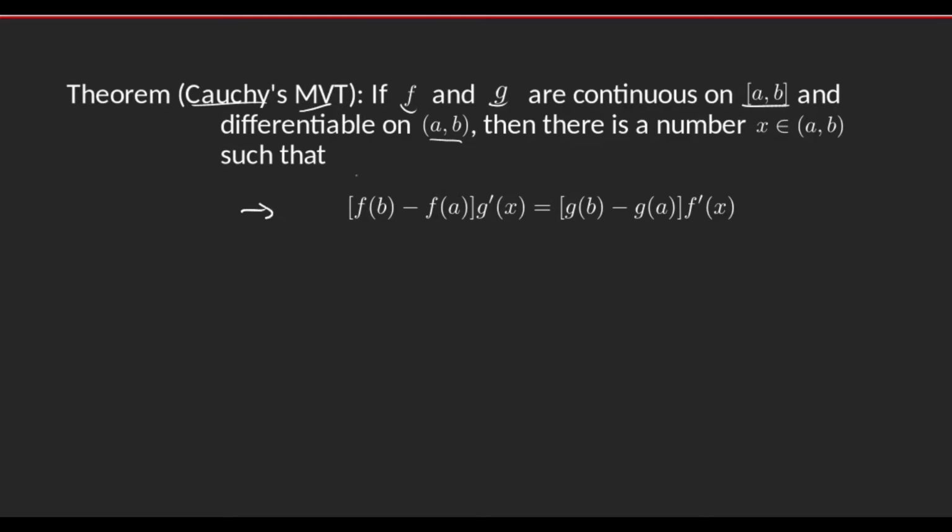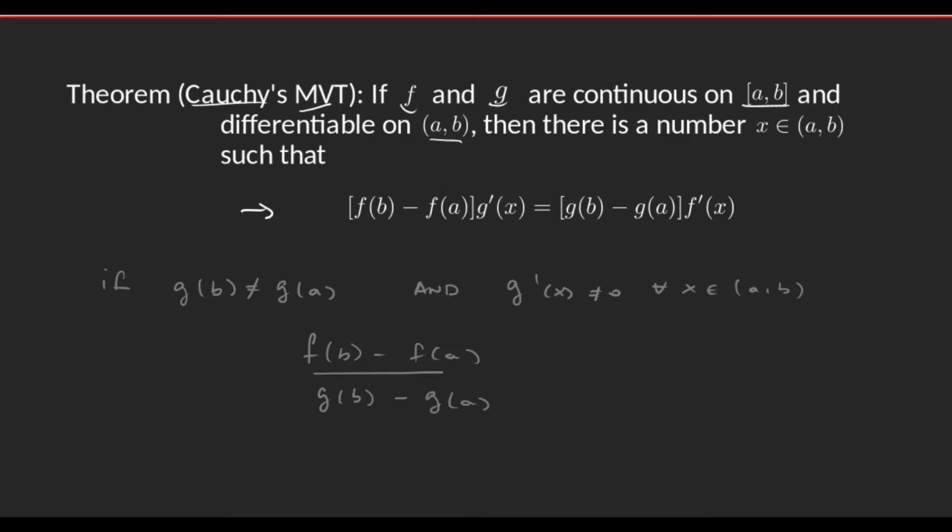And I know this might seem extremely complicated, but what we can actually rewrite it as, if g in b is different from g in a, and if also g prime in x is different to 0 for all x in the interval where the function is differentiable, then we can write this equation as f in b minus f in a divided by g in b minus g in a, and this should be equal to f prime in x divided by g prime in x.